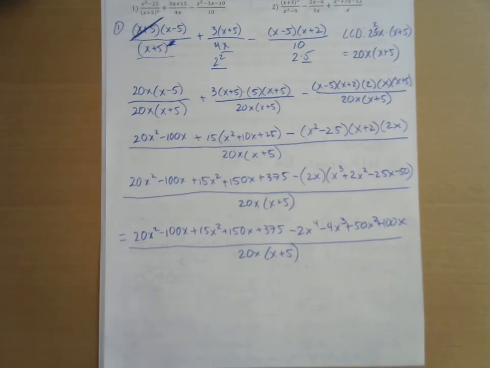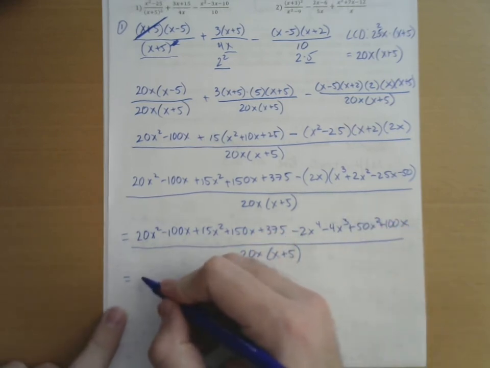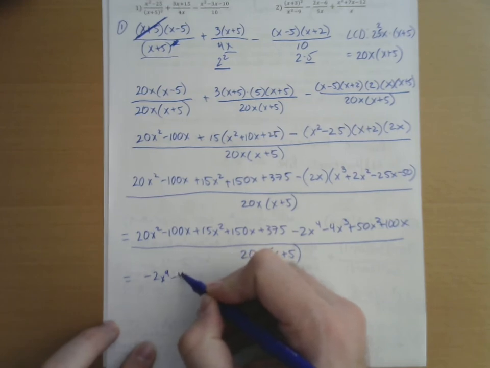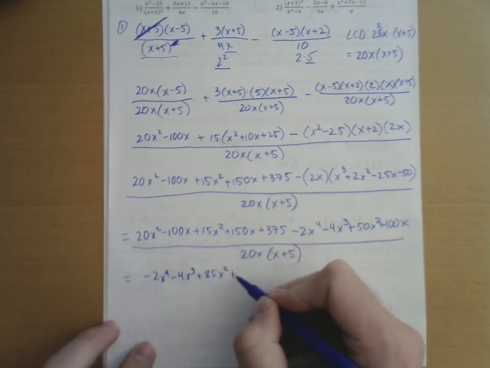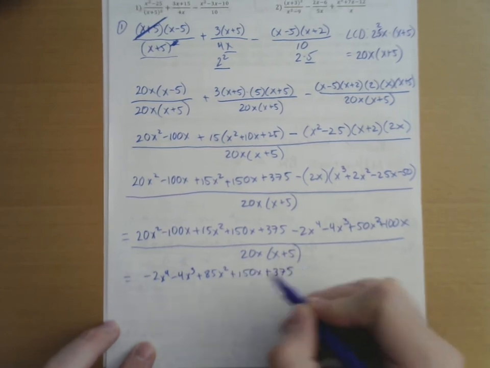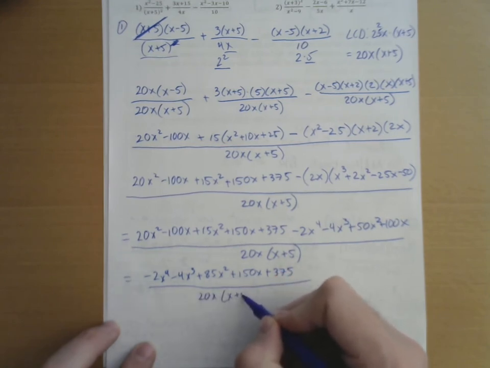So now all that's left is to collect like terms. And when all is said and done, we end up with a negative 2x to the fourth minus 4x cubed plus 85x squared plus 150x plus 375 all over 20x times x plus 5.